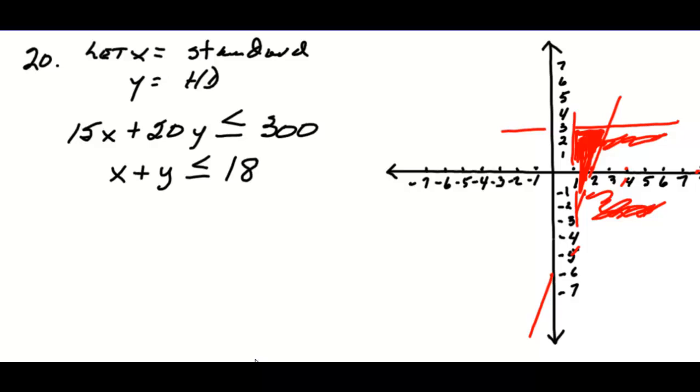So now what I've got is my 2 inequalities, but I have 2 more parameters. It says there in the next one, after the comma, it said, and existing orders require at least 4 standard radios.